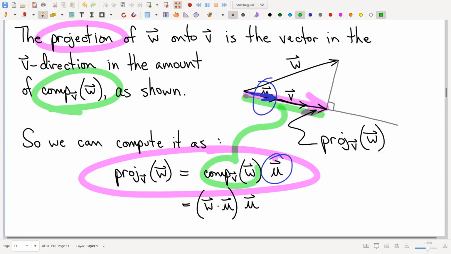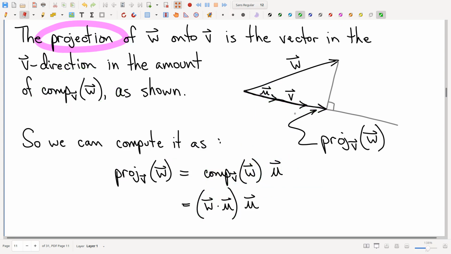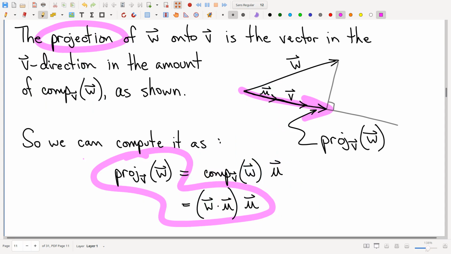The component tells us how far, whether plus or minus, in the direction indicated by the unit direction vector u. So direction and magnitude, and bam, we win. There then is the formula for how to compute the projection. The projection is that formula right there. Is that cool?